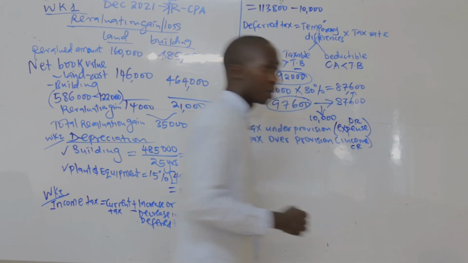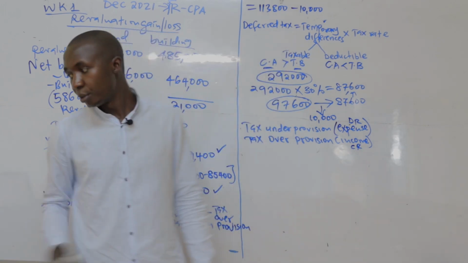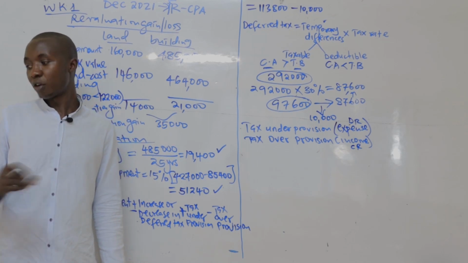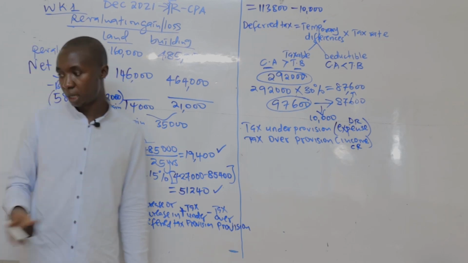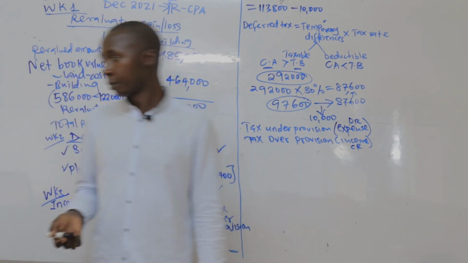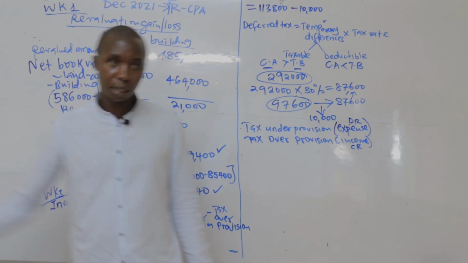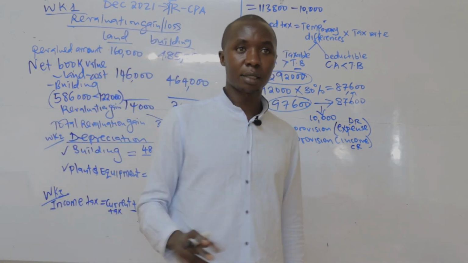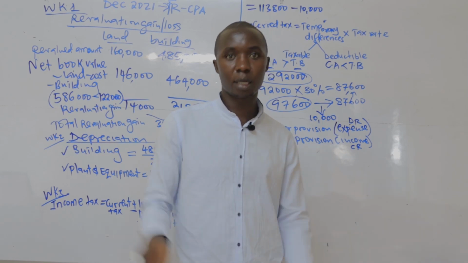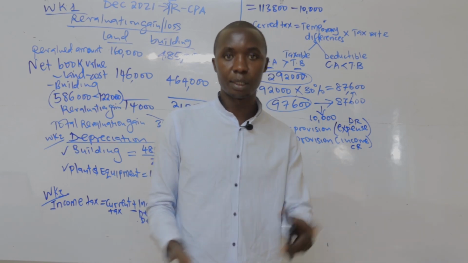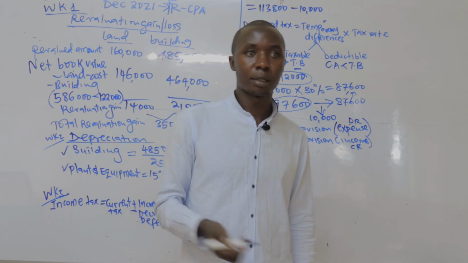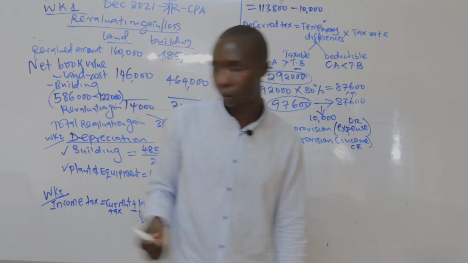So we need to check, because they said in additional information number 3 that the balance of the current tax in the trial balance represents the under or over provision. We need to check if that current tax in the trial balance is on the debit side or the credit side. If it's on the debit side, it's an under provision. If it's on the credit side, it's an over provision.